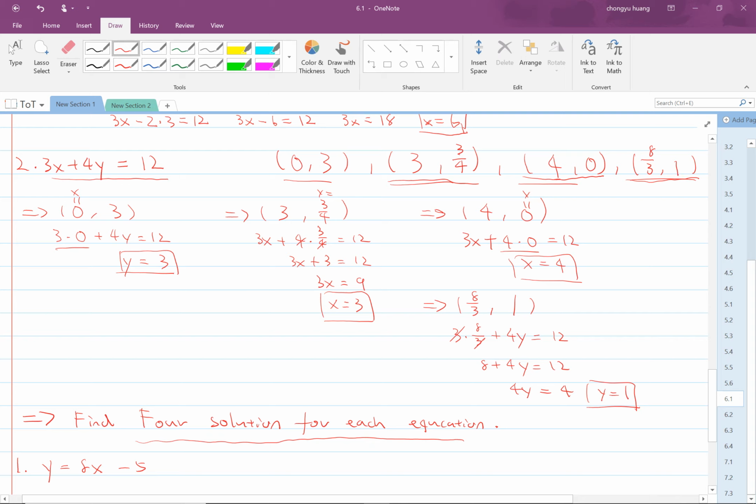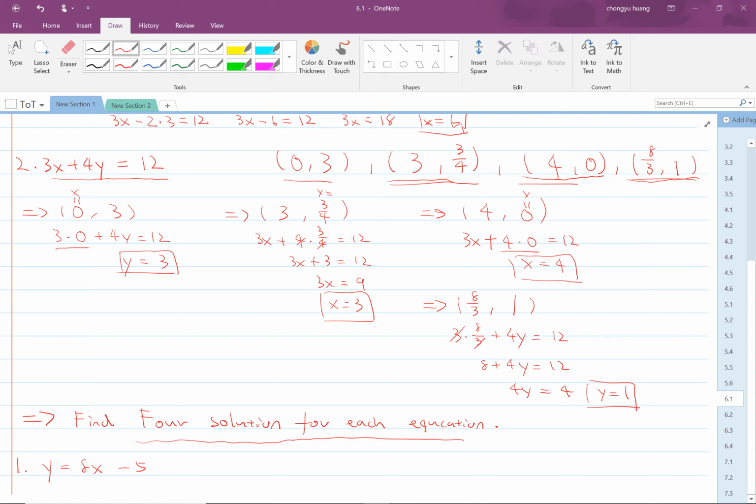So now we have found all the points, right? We found all the points by plugging in one of the known variables to find the unknown variable. So this is basically a method.